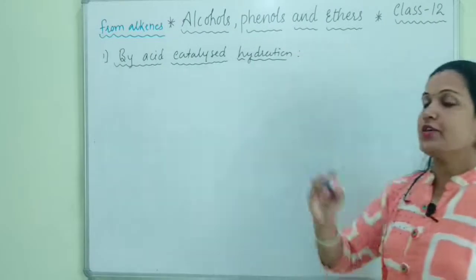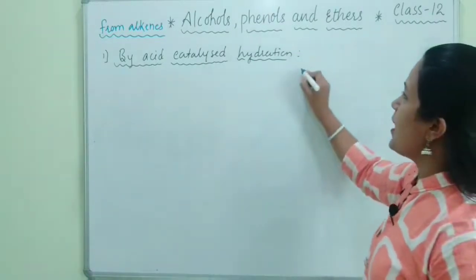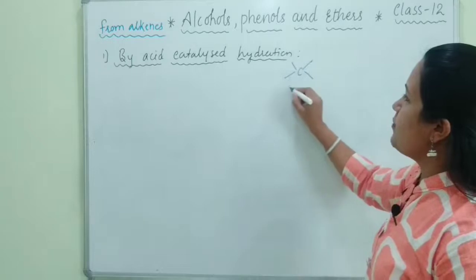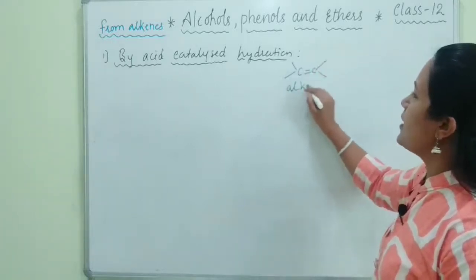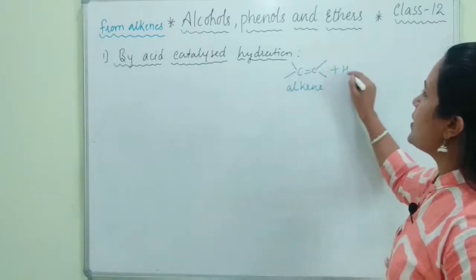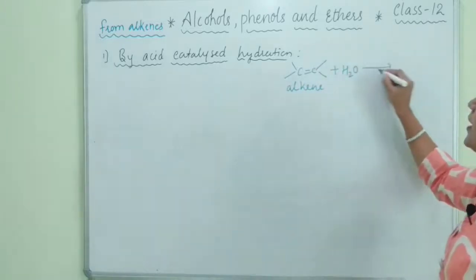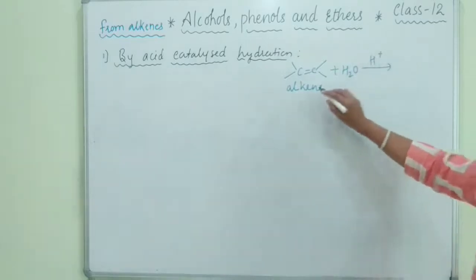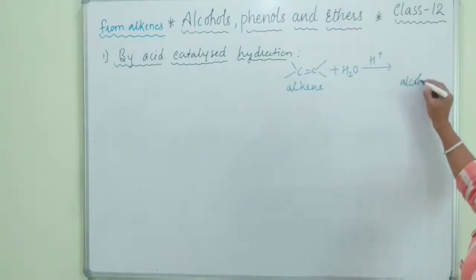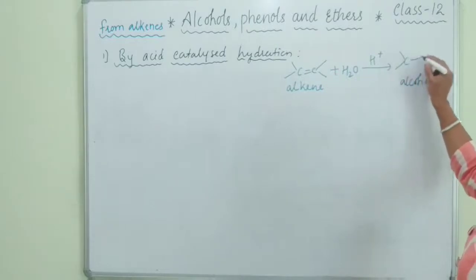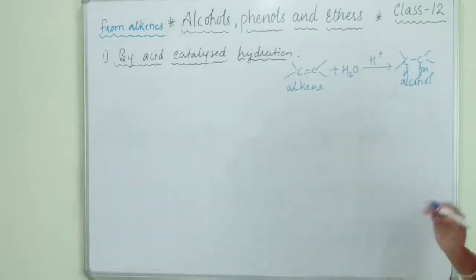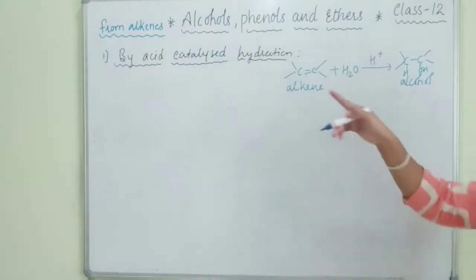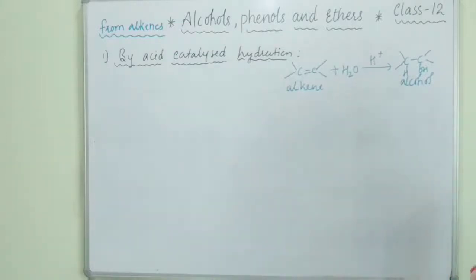If we have alkenes, and we add water to it in the presence of H plus ions, these alkenes will convert into alcohol, and we can prepare alcohol in this way. Here H becomes OH. So this is the actual reaction of acid catalyzed hydration.